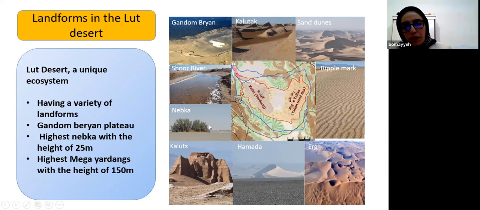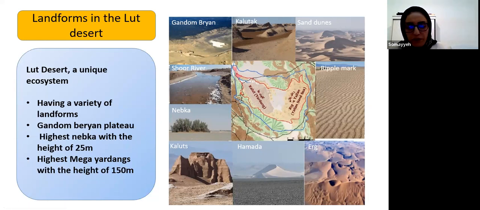Nepkas are called desert pots. It means that there are some parts of the desert that are covered with vegetation, such like tamarix, and there the groundwater is in a higher level. So the one that is in Lut is the highest in the world.